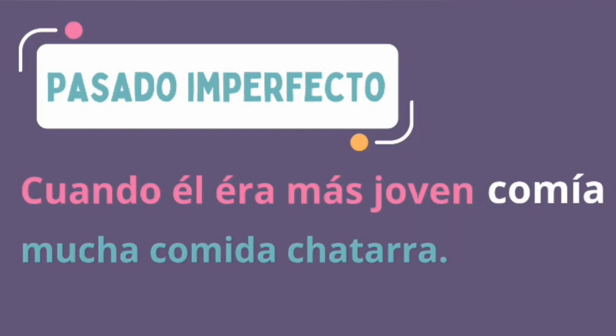Junky food means comida chatarra. So if you want to say, when he was younger, he ate a lot of junky food, then in the imperfect past, you have to say, cuando él era más joven, comía, that's the imperfect past of the verb comer, mucha comida chatarra, lots of junky food.